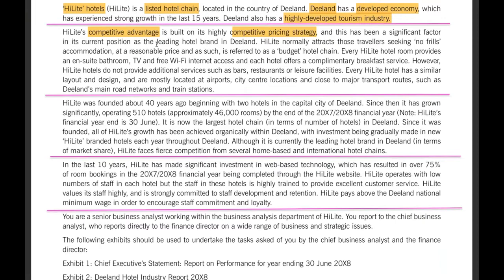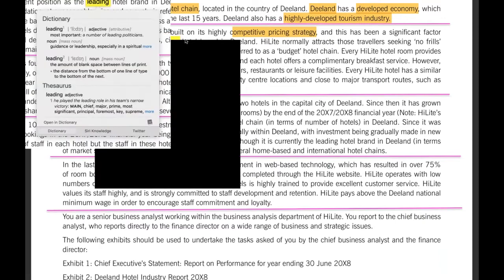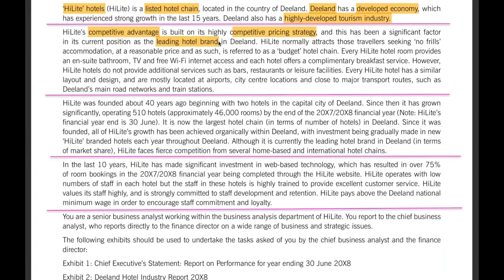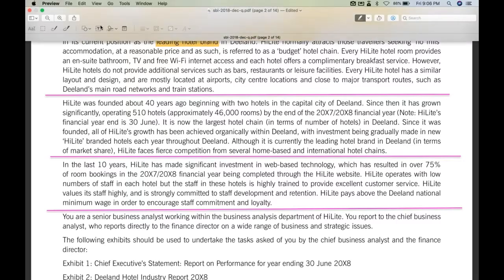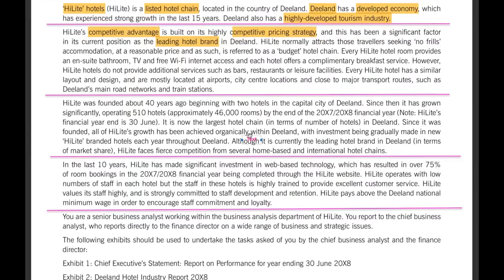So what does that tell you? What conclusion can you put here? Definitely in the exam you use your pen. Roughly you know that Highlight is a market leader.